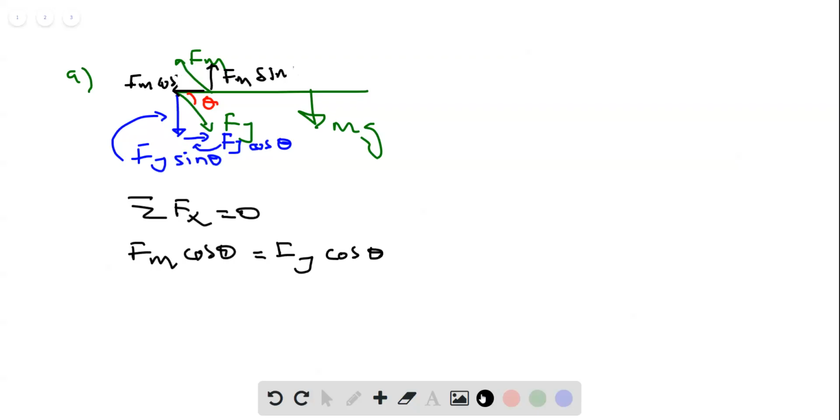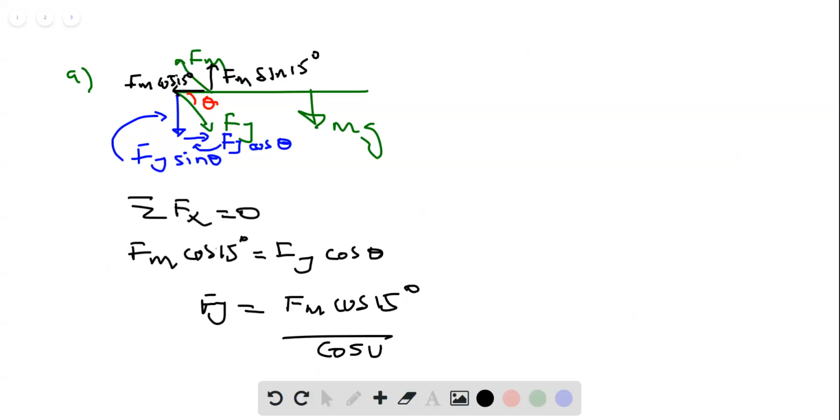So Fj is equivalent to Fm cosine of 15 over cosine of theta. So that's what Fj is.